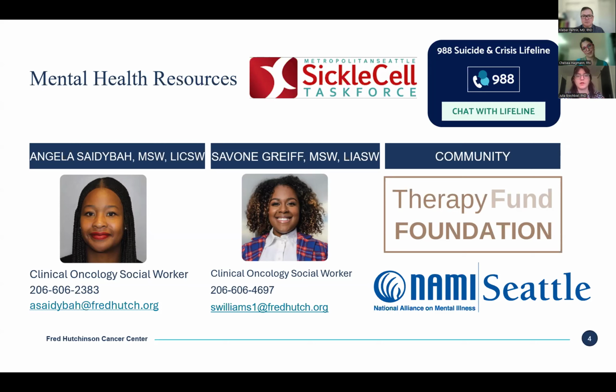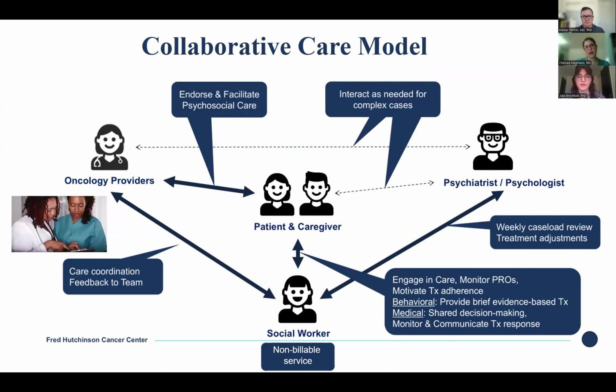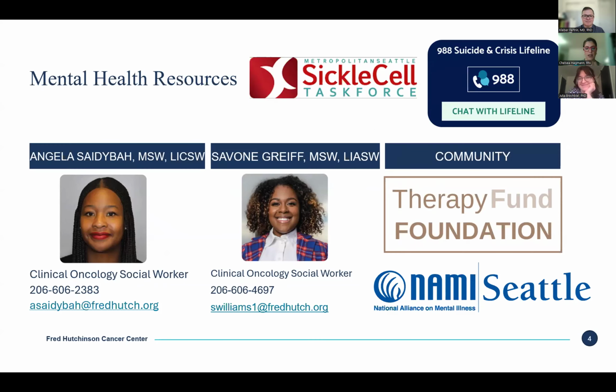Same with Angela and Sylvan, you can just ask your doctor for a referral to social work, and they are a non-billable service, so they do not go through your insurance. And NAMI also has different peer support groups for people of color. One additional thing before I move on to the collaborative care model is that a lot of times patients and caregivers might think of social work as someone that's just navigating resources for them.